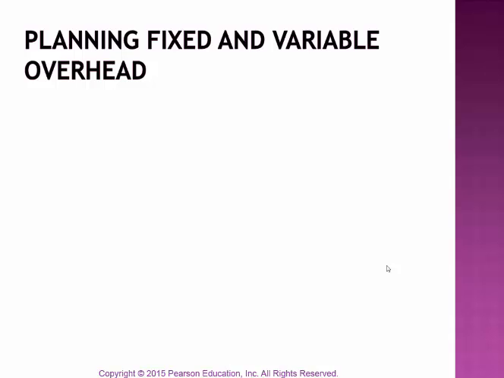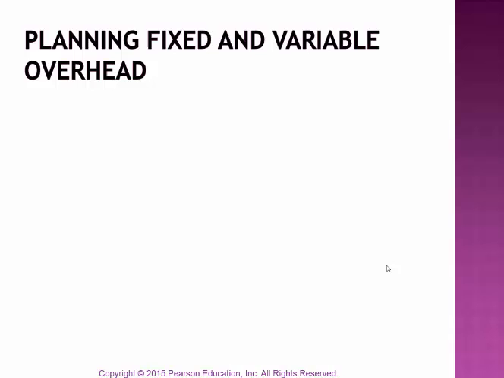All right, so planning our fixed and variable overhead is a very important process for management. It's essential that they understand the behavior of our overhead costs, how to plan for them, how this variance analysis works and how it can be utilized to better run the organization, and hopefully act appropriately based on the results calculated in the variance analysis techniques.